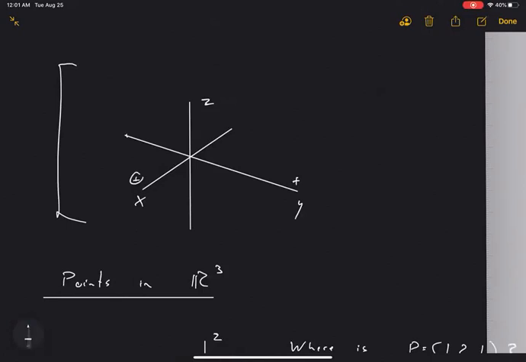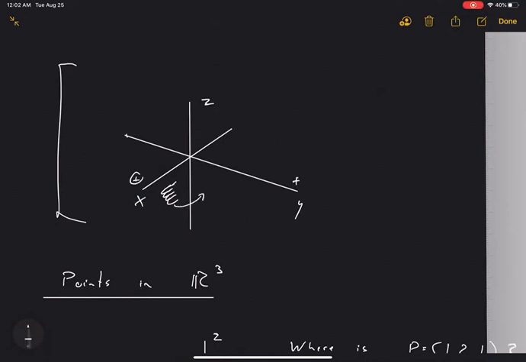Basically, if you pointed the fingers of your right hand in the direction of the positive x-axis, and then you curled them counterclockwise towards y, which way would your thumb be pointing?